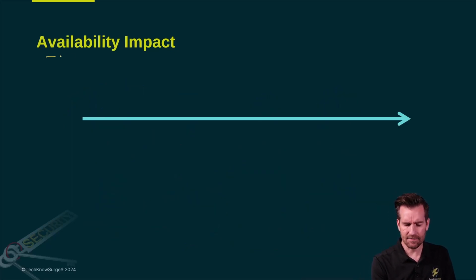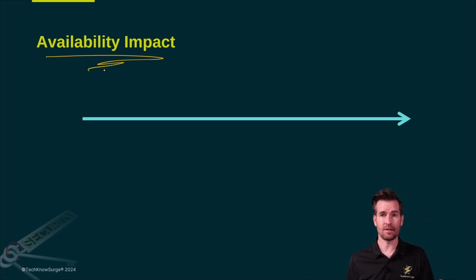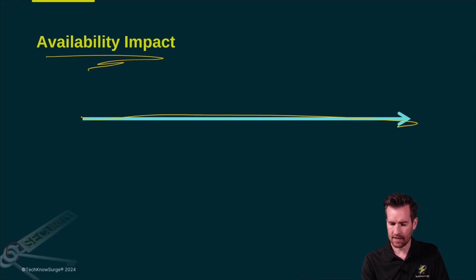The impact of downtime or lack of availability on your system really depends on a few different things and how the customer or users are viewing the situation. That could be negatively impacted by, for instance, how often it happens. This is a timeline right here. And let's say you have an outage right there, a downtime, a time when your systems are not available.